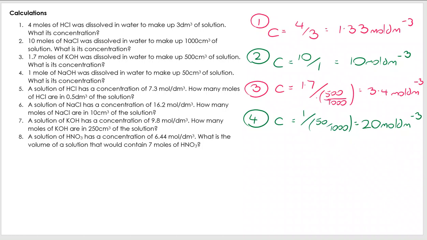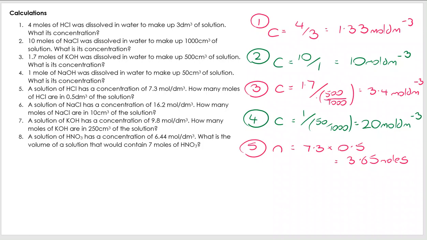And then for number 5, we move on to calculating how many moles. So N is C times V. Well, in this case, I've got my concentration, once again, in decimetres cubed, 0.5, multiplied by 7.3, I get 3.65 moles, because it's N that we're calculating.